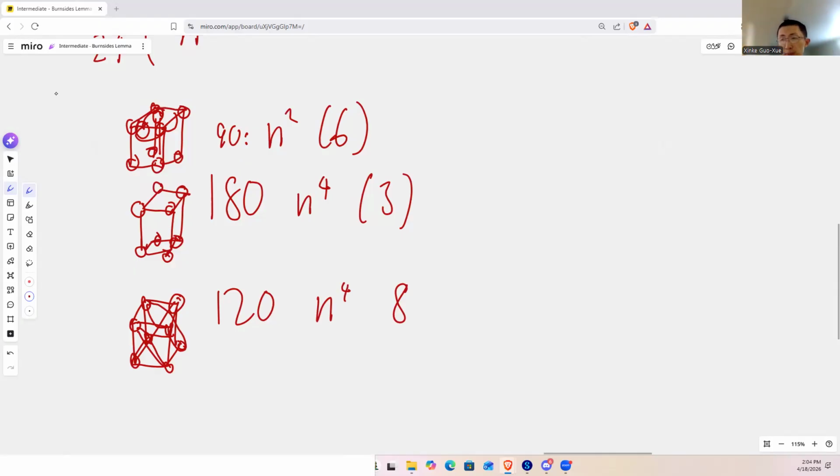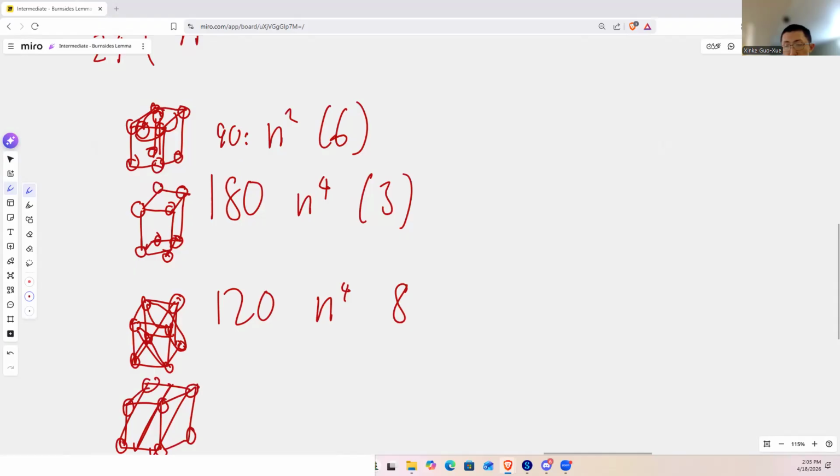If we connect midpoints of opposite edges and do a 180-degree rotation about this axis, then these two vertices are the same, these two are the same, so n squared, and then these two are the same, and these two are the same.